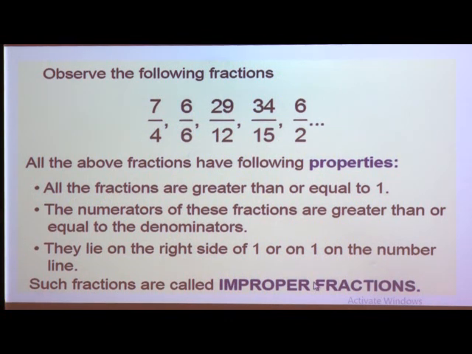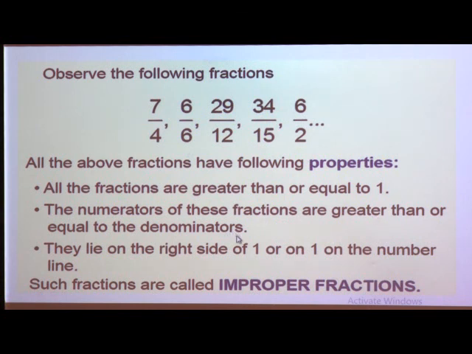Let us see. Observe the following fractions. Now you can see 7 by 4, 6 by 6, 29 by 12, 34 by 15, 6 by 12. In all such type of examples, denominators are small and the numerators are greater. All the above fractions have following properties. All the fractions are greater than or equal to 1. The numerators of these fractions are greater than or equal to denominators.